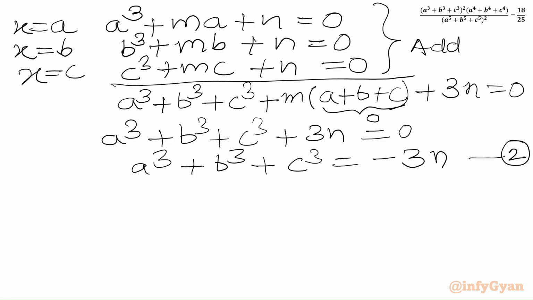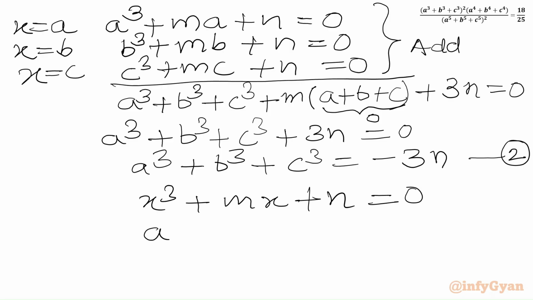Now I will write our equation x cube plus m times x plus n equal to 0, or by passing x equal to a, a cube plus m times a plus n equal to 0. Now our target expression requires a power 4, so I need to multiply this equation by a.